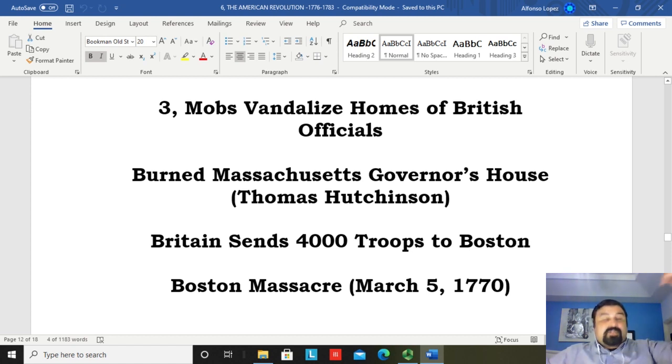He was endorsing the Navigation Acts quite publicly and openly. And he gave a speech supporting, again, those laws of trade, saying there's no issue with that, that we should pay those taxes, we should comply. And of course, that got the colonists extremely, extremely angry. And they're going to go to his house, of course, and trash it and burn it.